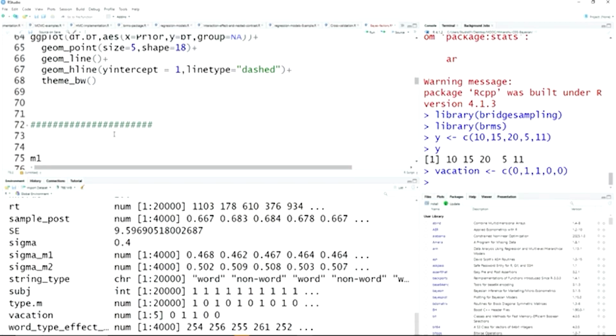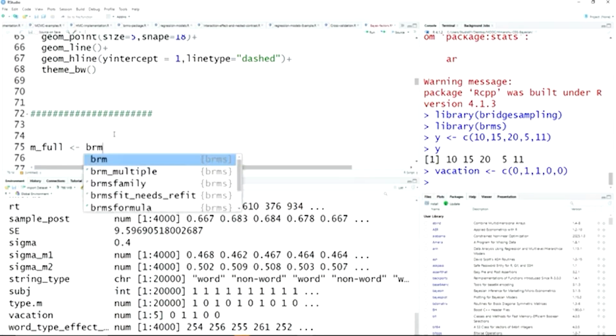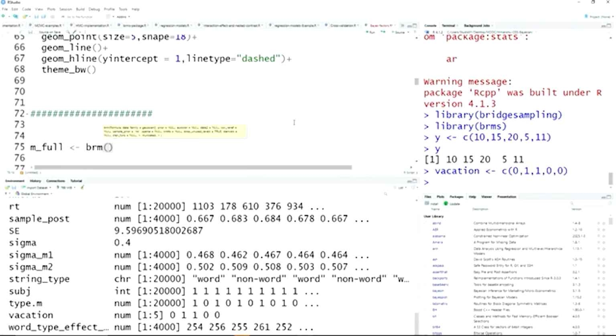First, fit your vacation effect model. I'm going to call it M1 full, meaning a full model that is not leaving out any parameter. There are conventions to call the model with all parameters the full model, compared to models with fewer parameters. So I will use the brm function.